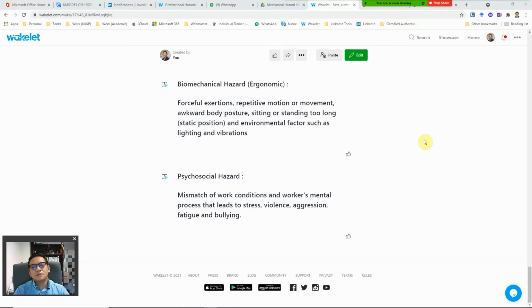Biomechanical hazards, usually popularly known as ergonomic hazards, such as forceful exertions.